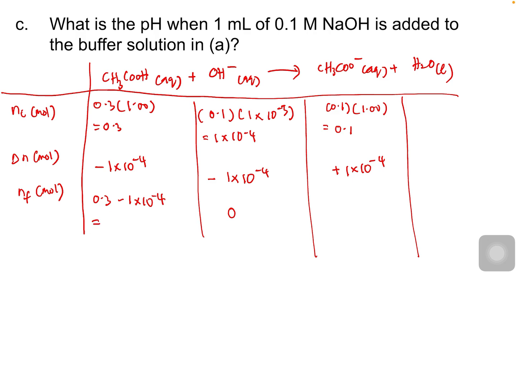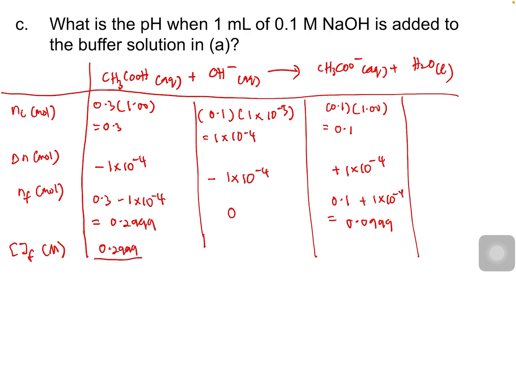So, and final is 0.2999. Yang ni 0. Kemudian dekat sini kita ada 0.1 plus -4. Okay, so this one is 0.0999.